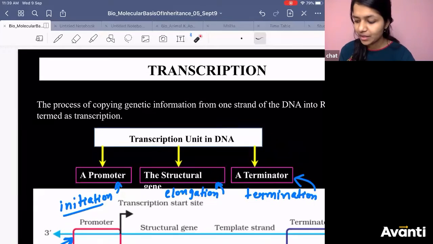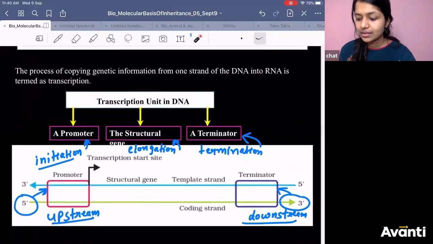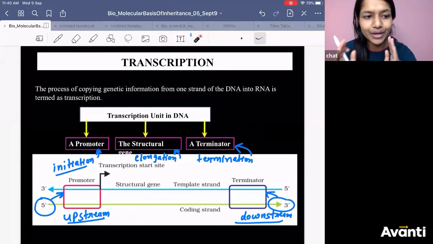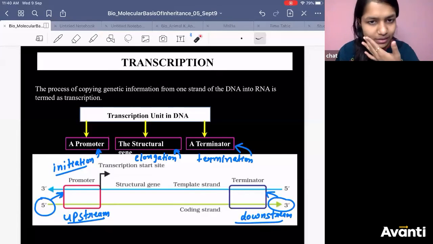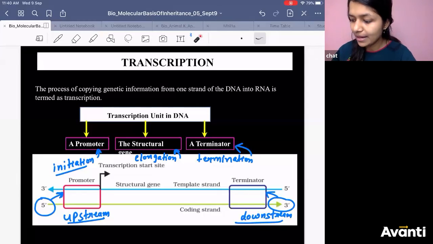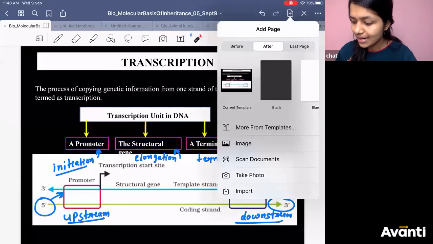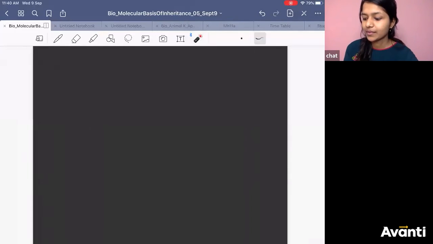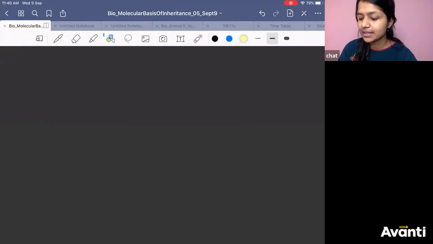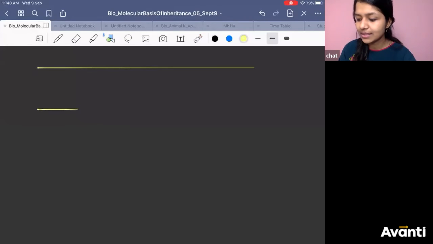Okay, now, transcription has a unit. In the gene DNA, where you are going to have transcription. Before you understand this concept, you have this DNA.